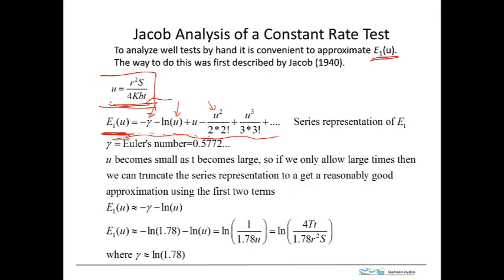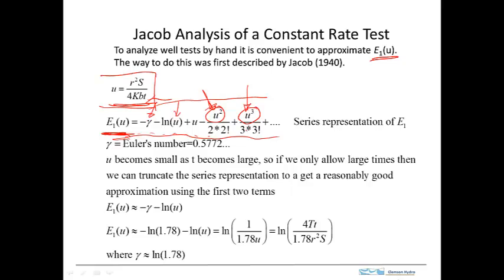And so the way this series is going to work is that if you take a small number and cube it, you get a number that's smaller than that number when you square it. So as U gets smaller and smaller, that number will become much smaller than that number.